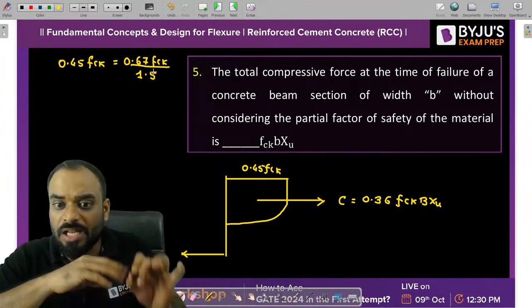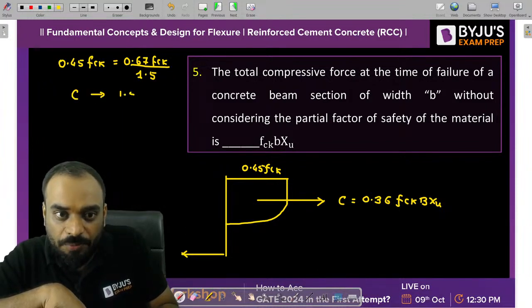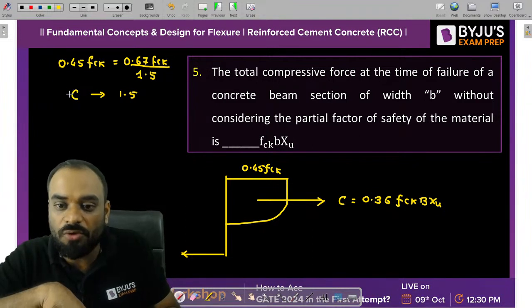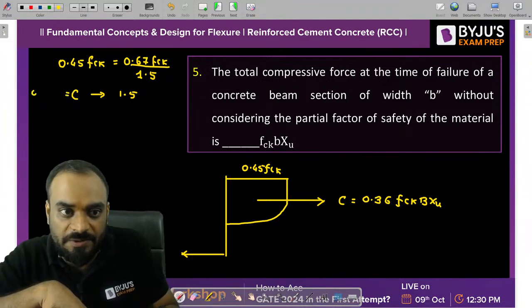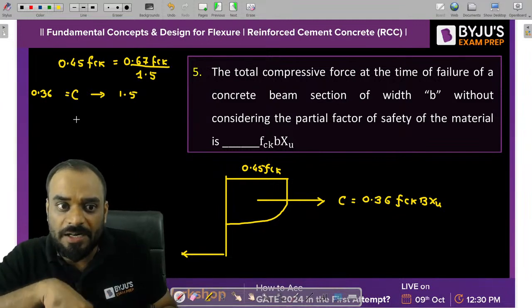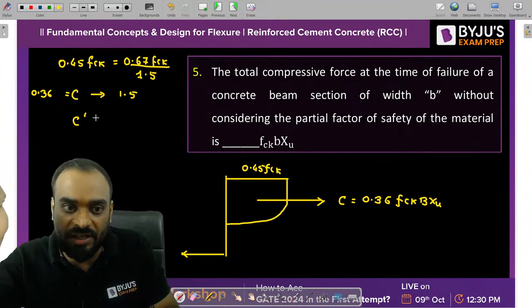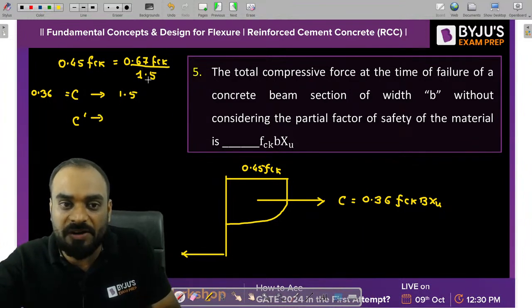Yes. Now tell me, when you have this factor, which is 1.5, what should be the value of compressive force? Can I say it is basically 0.36 something, correct? But let us consider when we are not considering this partial factor of safety. That means if I consider the partial factor of safety as 1, very simple.